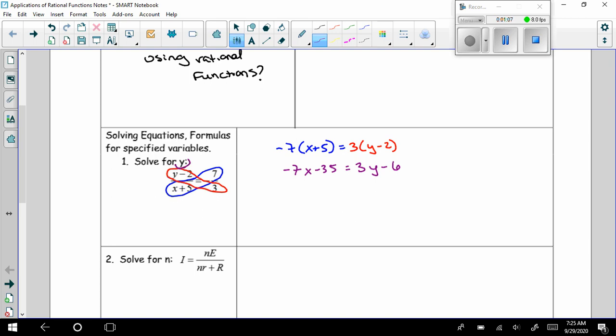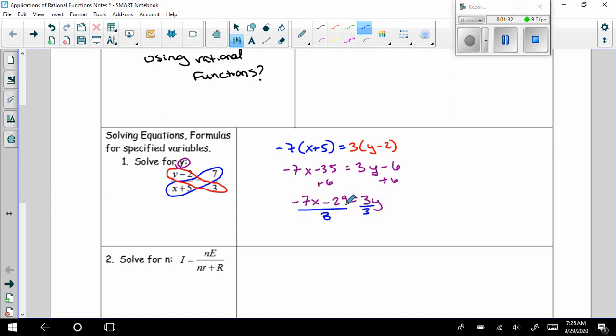Now, I'm trying to solve this one for y, so I want to get this one by itself. So from there, I'm just going to add the 6 over. And so I get negative 7x minus 29 is equal to 3y, and then divide by 3.